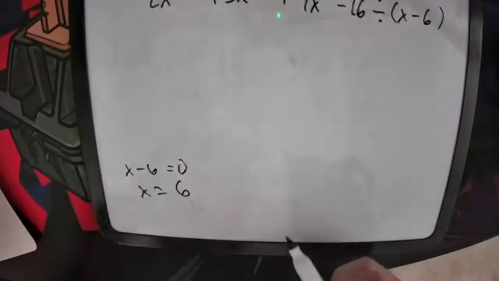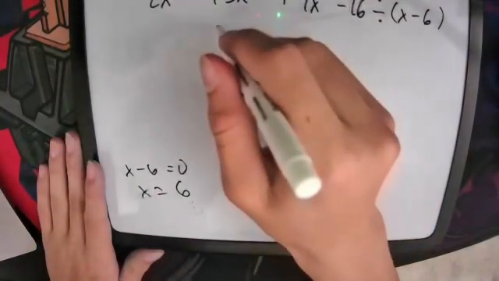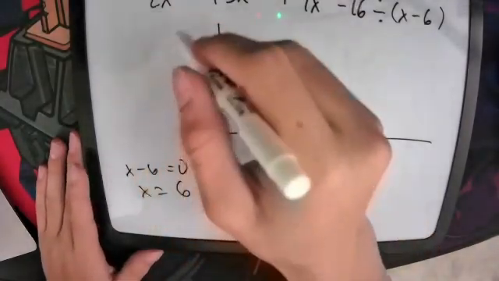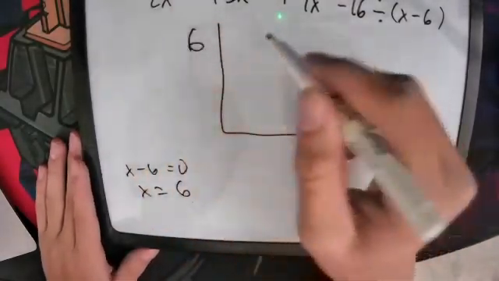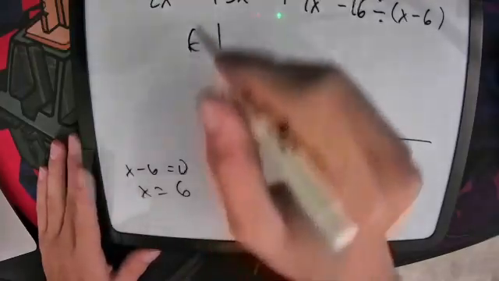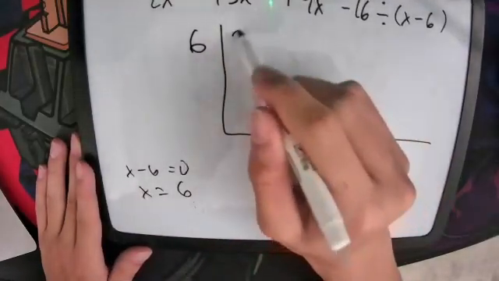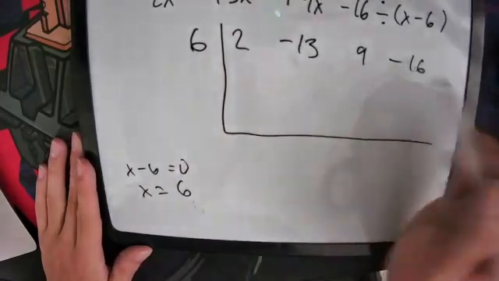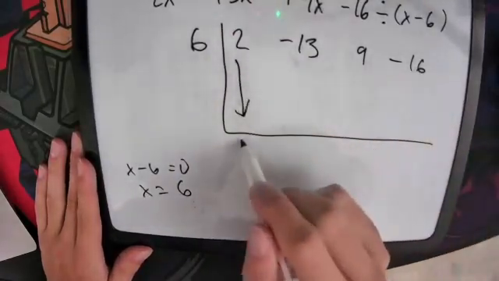Excuse me, x equals 6. We're going to draw that L again. So we have 6 on the outside because that's our 0. We write down the coefficients. 2, -3, 9, -16. We drag down the 2.